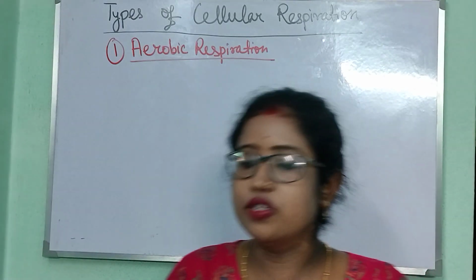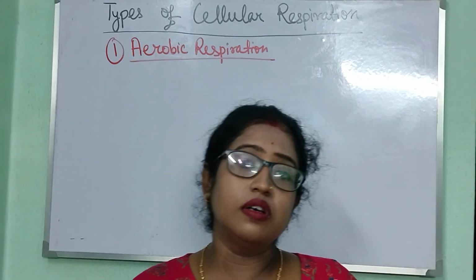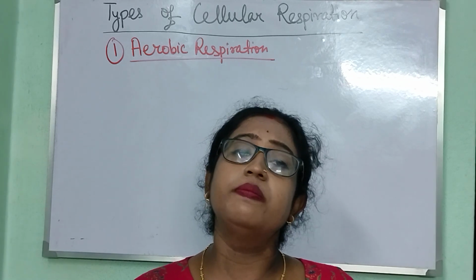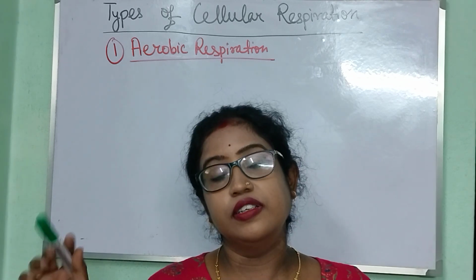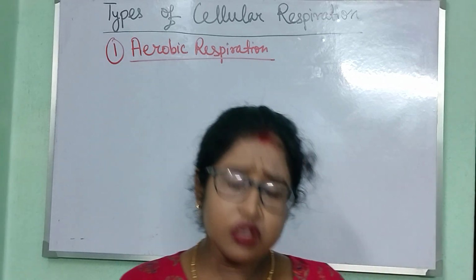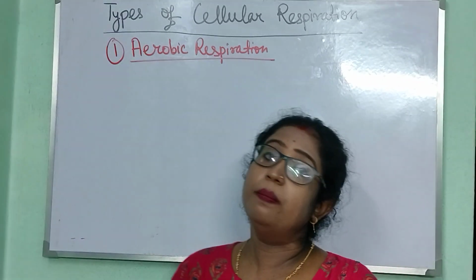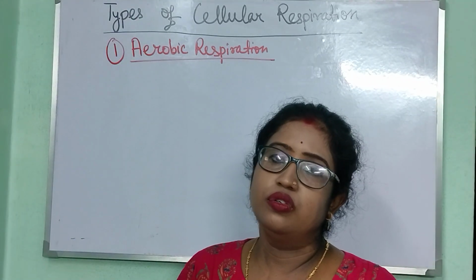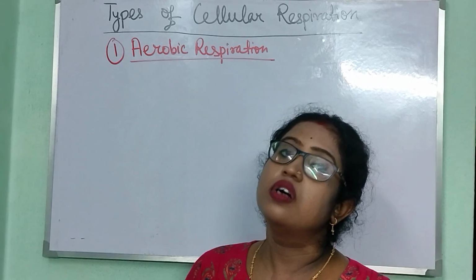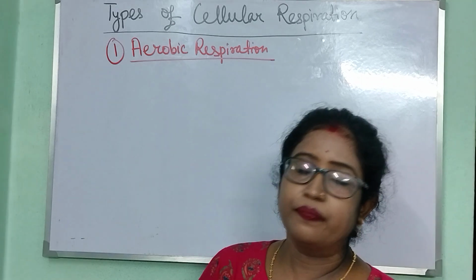Aerobic respiration occurs in the area where oxygen is sufficient, which means in presence of oxygen the aerobic respiration process occurs. In the aerobic respiration process, the glucose is completely oxidized with the help of oxygen molecules to carbon dioxide, water and energy.